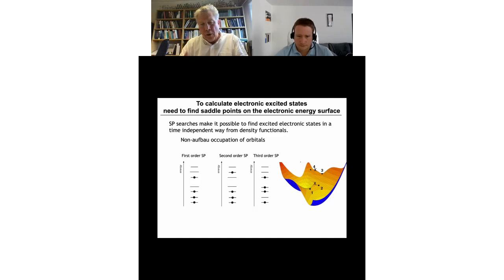If you're going from the HOMO to LUMO plus 1, then you're dealing with a second order saddle point, and so forth. So one has to deal here with higher order saddle points, but the same method can be used, as I showed before, to transform the derivative of the energy with respect to the electronic degrees of freedom, so as to converge onto excited states in a Kohn-Sham formulation or Hartree-Fock, if you like.